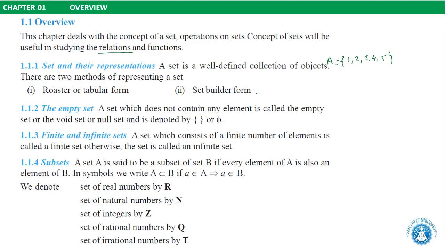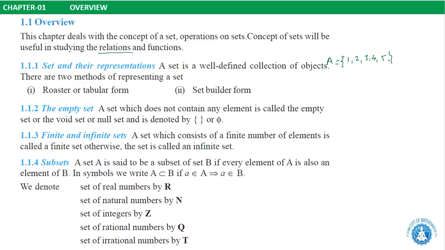There are two methods of representing a set: roster or tabular form, and the second one is set builder form. If you write element-wise, then it is roster form, and if we write the properties of the elements, then it is set builder form.